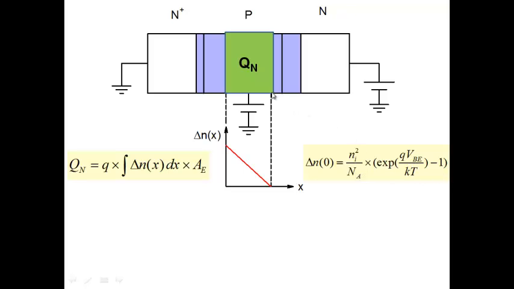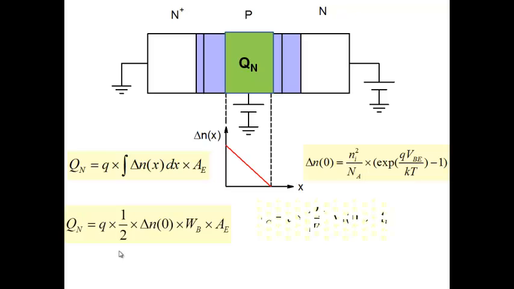The electron density at this edge is negligible, we are taking it as 0. So QN is the integral of the excess electron density, which is the area under the triangle, half delta N0 multiplied by the base width. If you want total charge, you multiply by area. If you want charge per unit area, then of course A is not there. So it's straightforward to calculate QN.